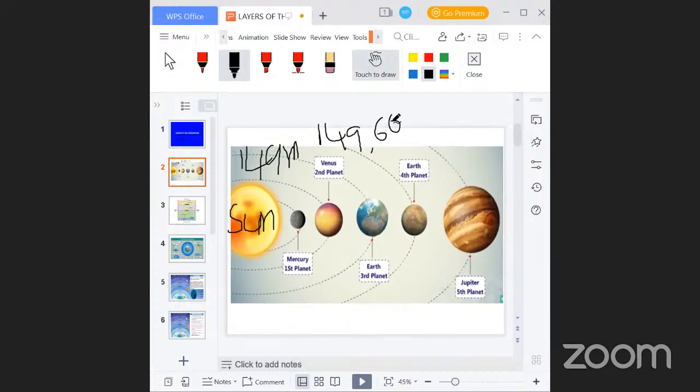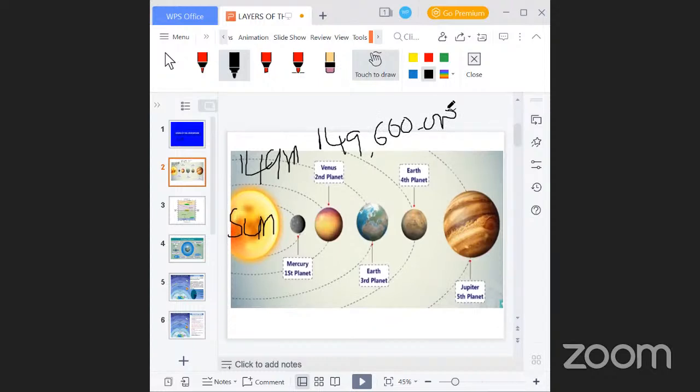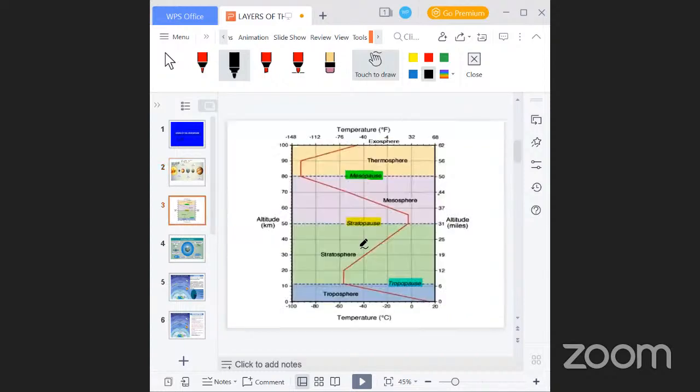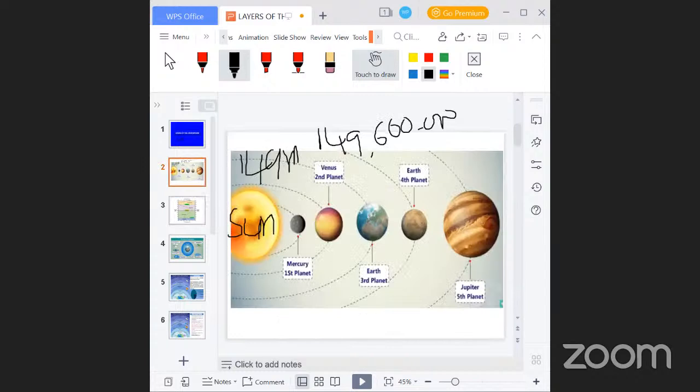Remember, the distance from the Earth to the Sun is called an astronomical unit. What is that? Astronomical unit, AU.